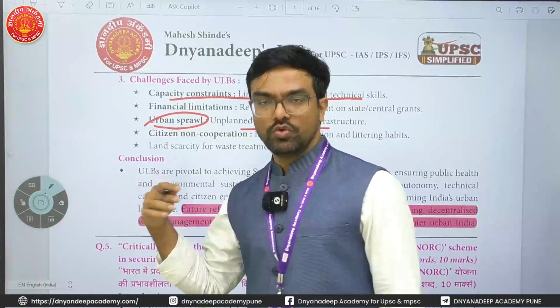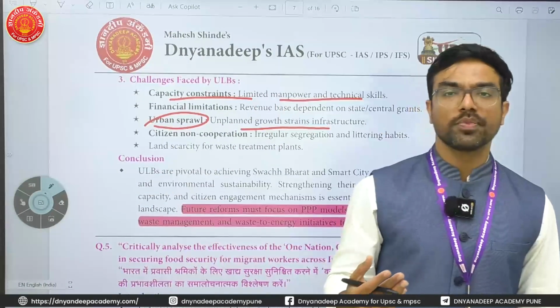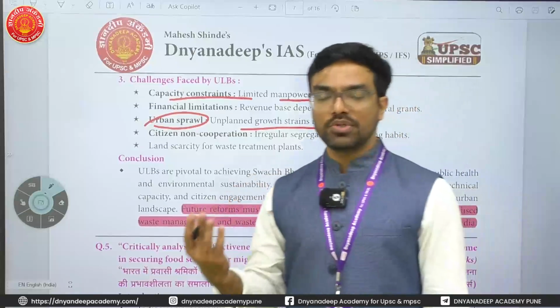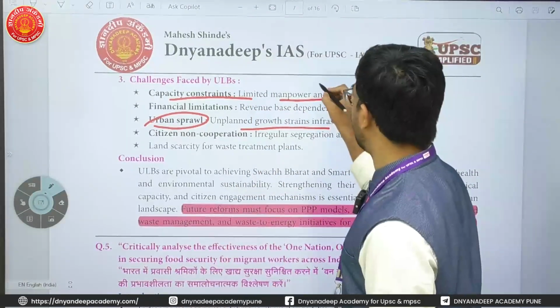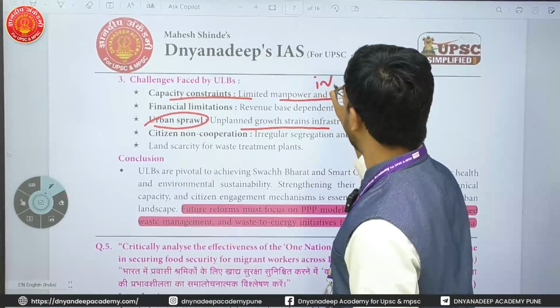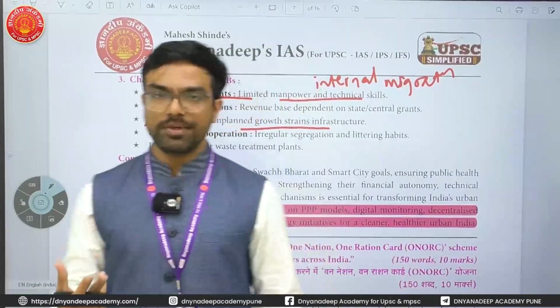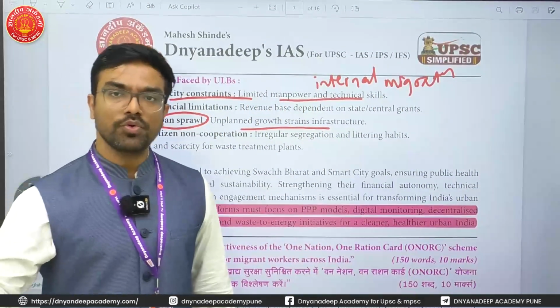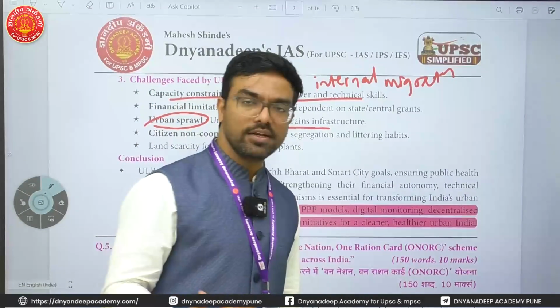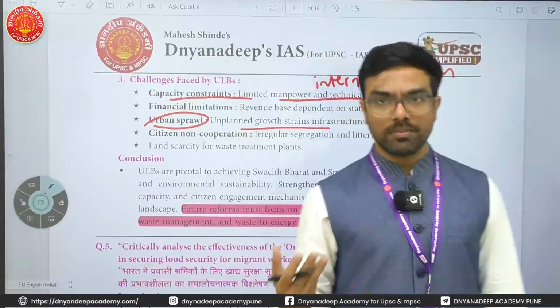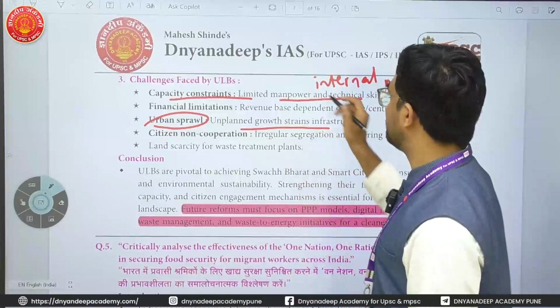Also there is an issue of internal migration because of good opportunities in cities. Because there are more opportunities in urban areas, there is migration from rural to urban areas, which is creating strain on the resources of urban areas. So that is one of the issues.